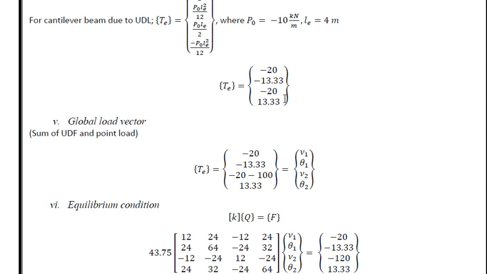That point load is going to deflect the beam, so it is added with V2. So that is minus 100. So the total load vector at the third position, at the third row, will be minus 120.